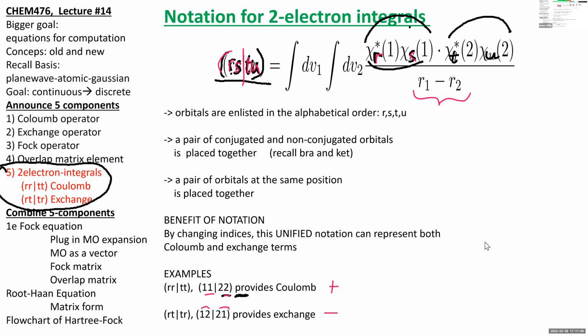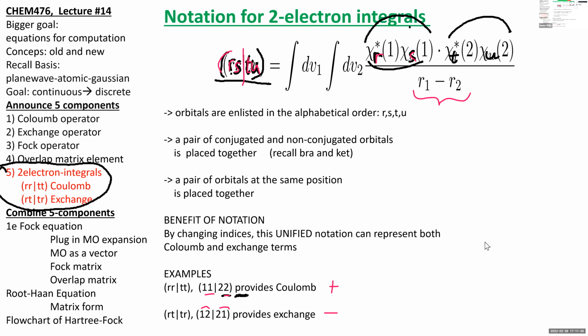And this typical integral, where chi are atomic functions with a set of indices R, S, T, U, R and S for the first electron, T and U for the second electron. People abbreviate it in the form of two round brackets with one vertical line, and then two indices for the first electron, two indices for the second.